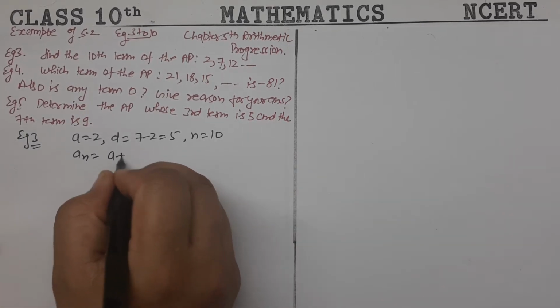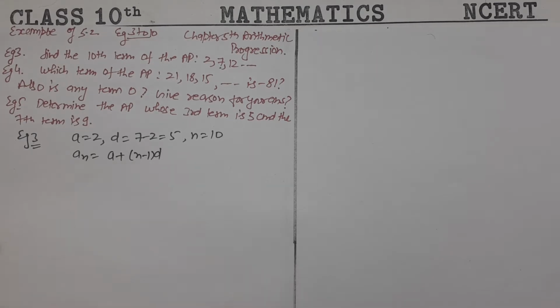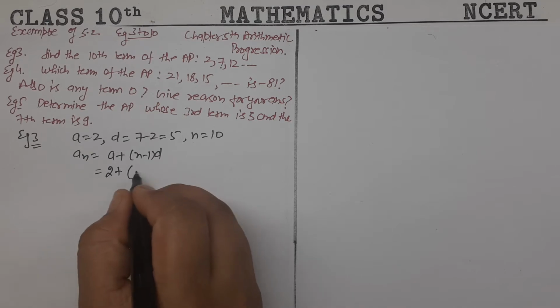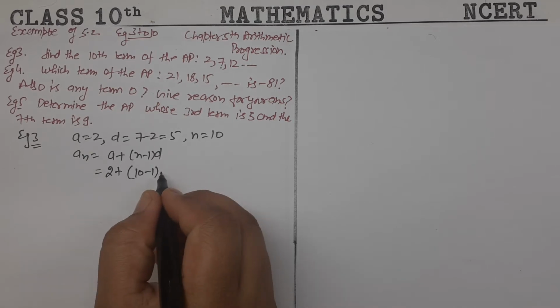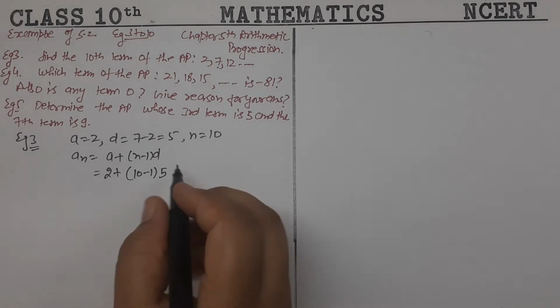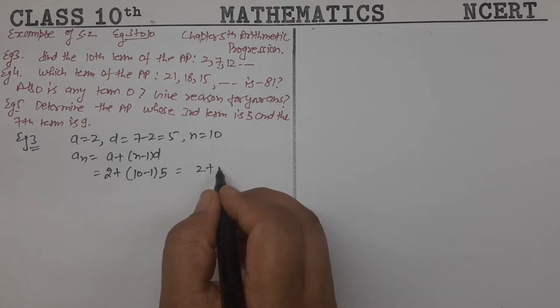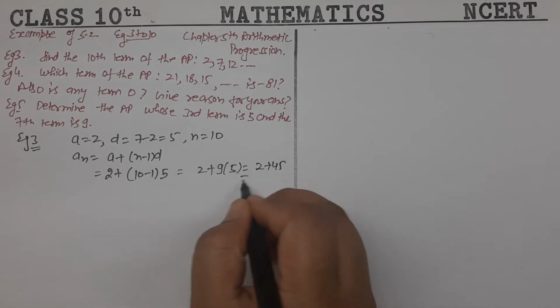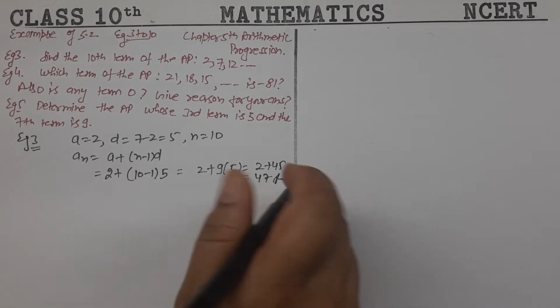Formula: A plus N minus 1 D. 2 plus 10 minus 1 times D, which is 5. 10 minus 1 is 9. 9 into 5. Answer is 47.